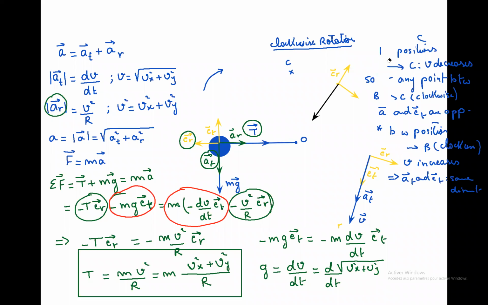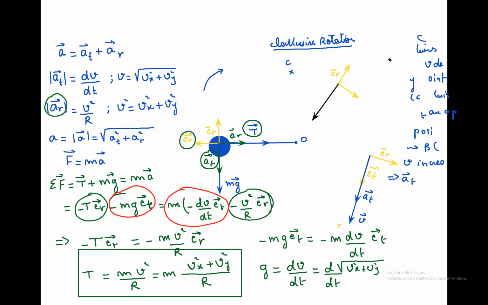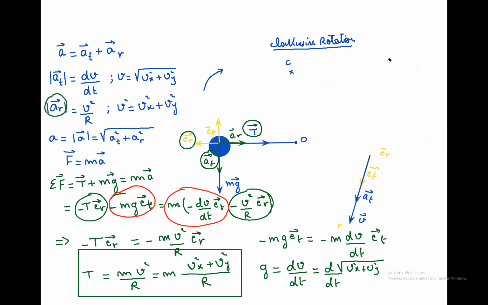In the case, okay, we can take a point between C and B. Let's take a point here. We do the same calculation as a point here when the pendulum was at this position.